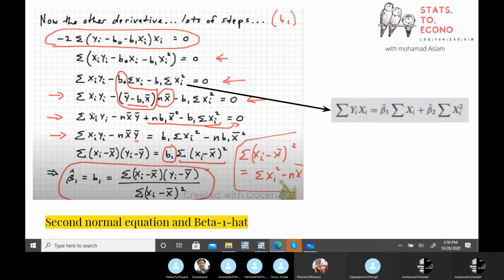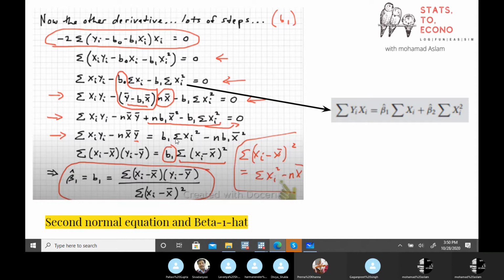Now just multiply these terms. The first multiplication is n multiplied by x mean y mean. Then the second multiplication: the negative will cancel out, so it's positive n multiplied by this beta 1, in our case beta 2 hat, then multiplied by x mean two times, so it's a square, minus beta 1 summation xi square.